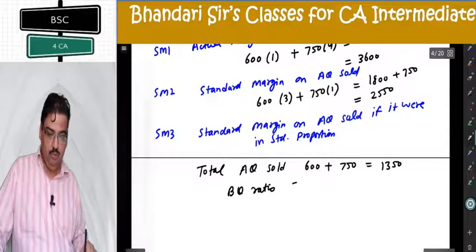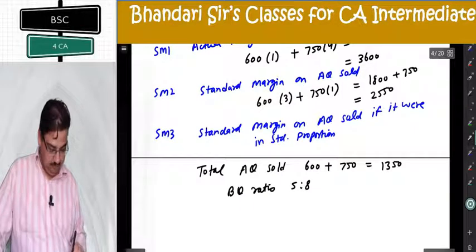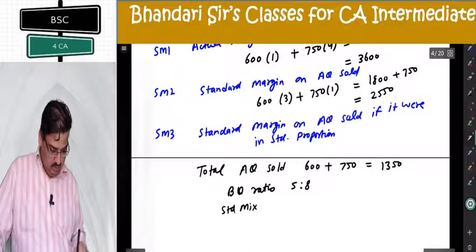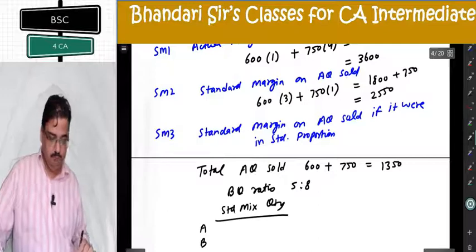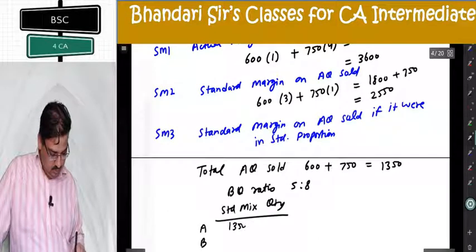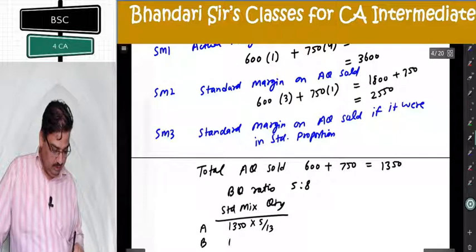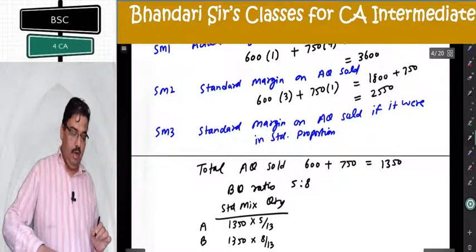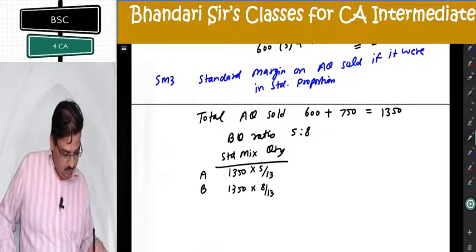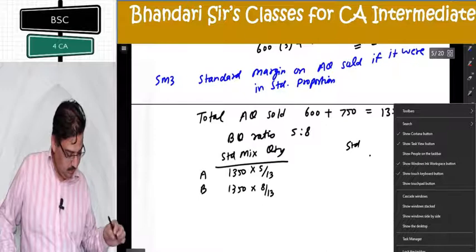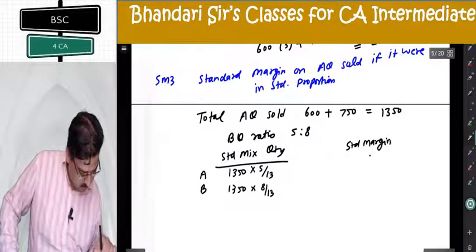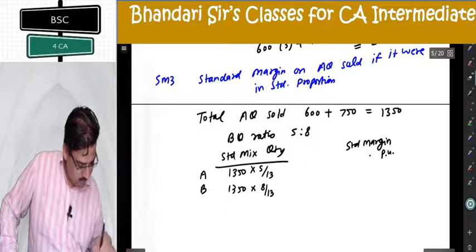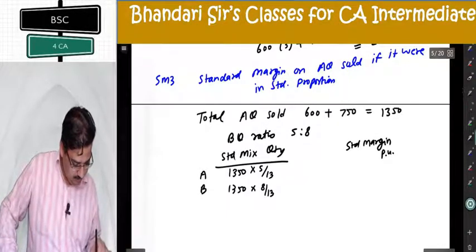Budgeted quantity ratio 5:8. Standard mix quantity for A and B: 1350 into 5 by 13, 1350 into 8 by 13. This is what you have done earlier also. Multiplied by standard margin per unit, which will be 3 and 1.